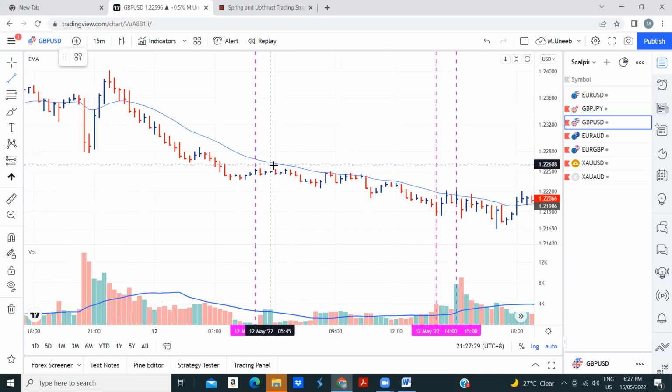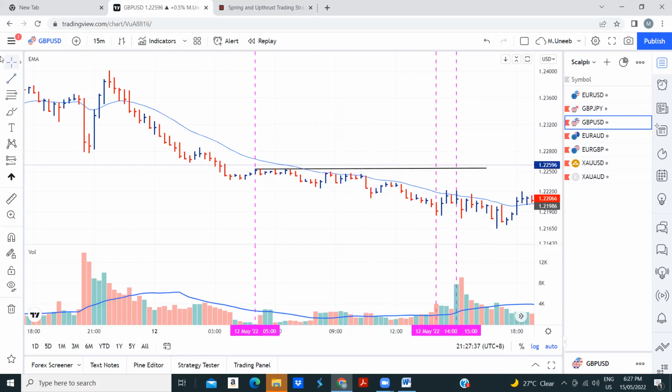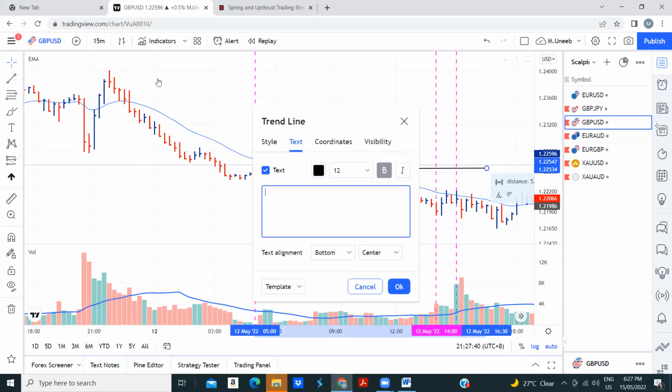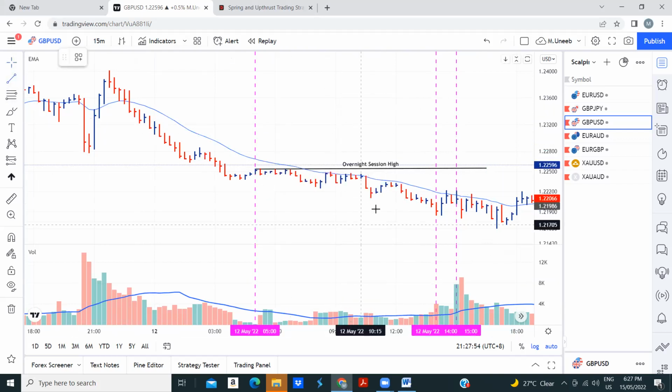Easy. This one would be the highest point here, right? Yeah. Okay, so we call this what? Overnight session high. Simple. All right. Let's do it. And this one here, the overnight session low would be just below this one.